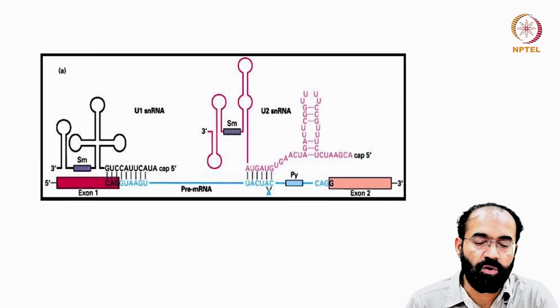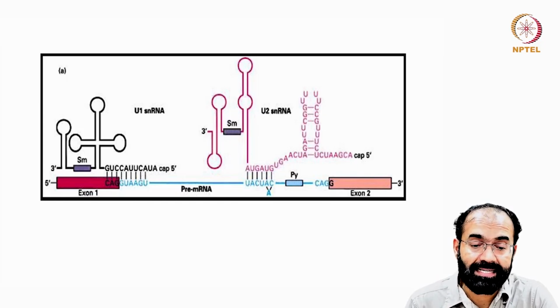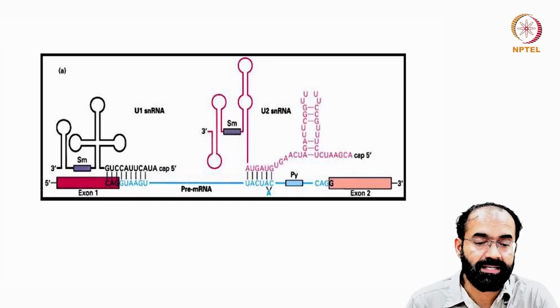And this branch point can interact with specific bases of U2 snRNA, and because of this it can effectively pair, and this pairing brings in some uniqueness. What is that uniqueness? This will have a specific secondary structure.